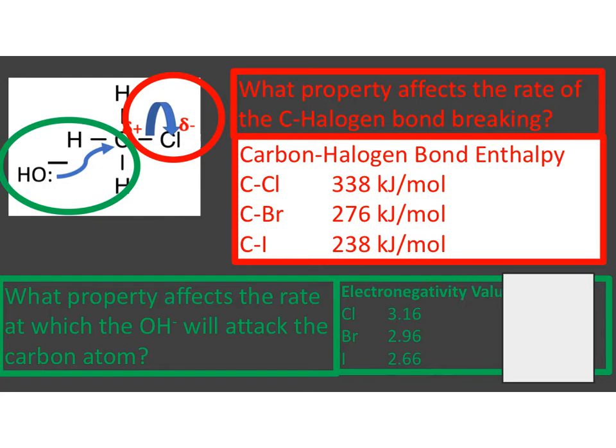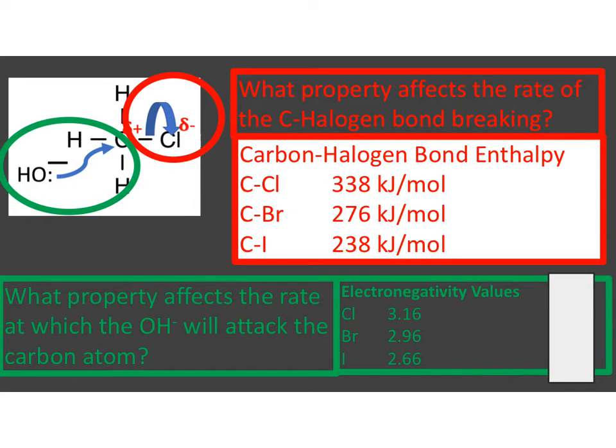So let's have a look at those values, and you can see, as we've noted before, that as we go down the group, our electronegativity values decrease. So chlorine is 3.16 and iodine is 2.66. So the bond becomes less polar as we go down the group, and therefore the hydroxide ion is less likely to attack the delta positive carbon.